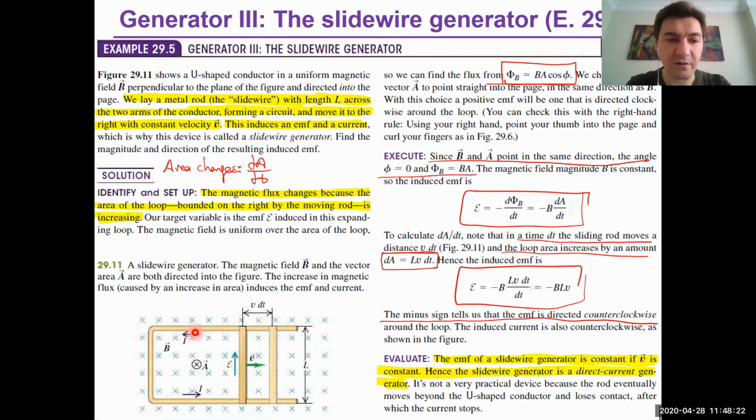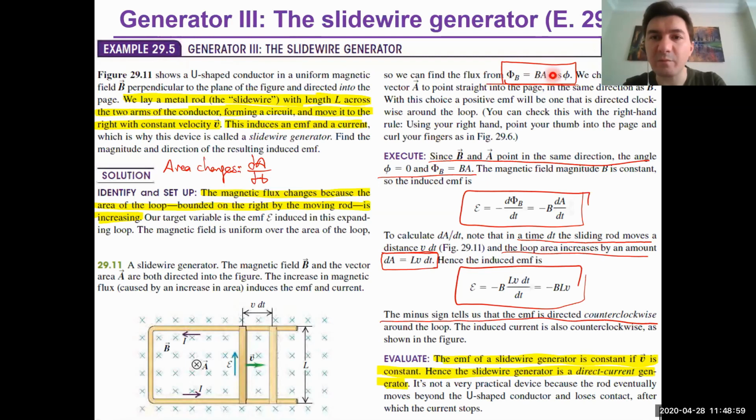Look at this one. At the beginning, the area of the loop is given by that area, right? When I move that slidewire to the right side, then I have a bigger area. Then the area changes by time. This area can be calculated by V times dt times L, the length of the slidewire. This is the increased area. So magnetic flux is given by that expression.